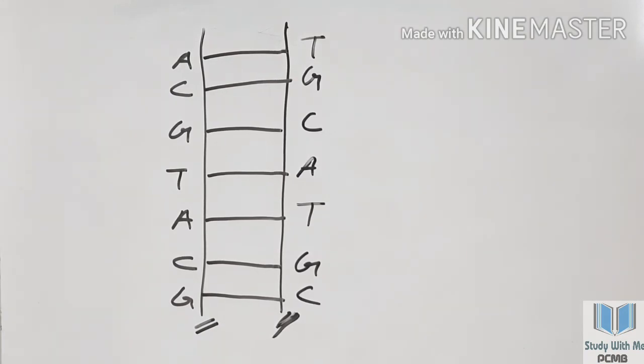DNA is double stranded. If each strand from a DNA acts as a template for the synthesis of a new strand, the two double-stranded DNA thus produced will be identical to the parental DNA molecule.